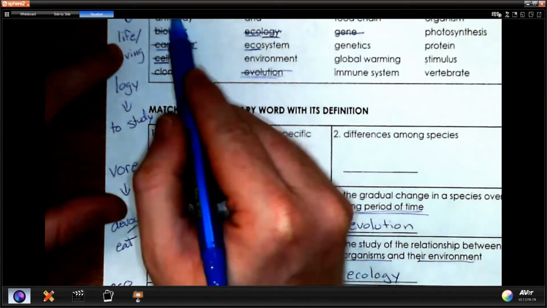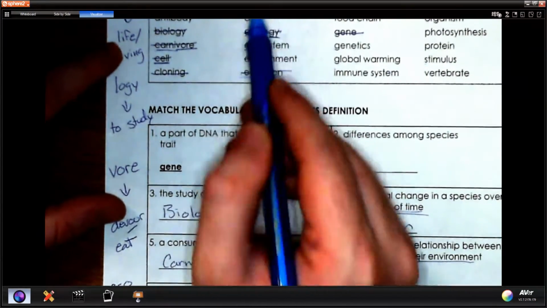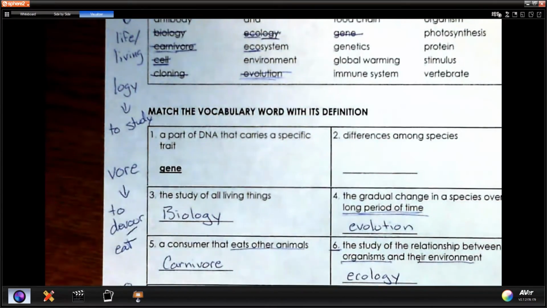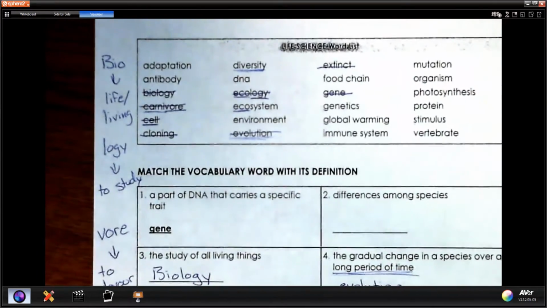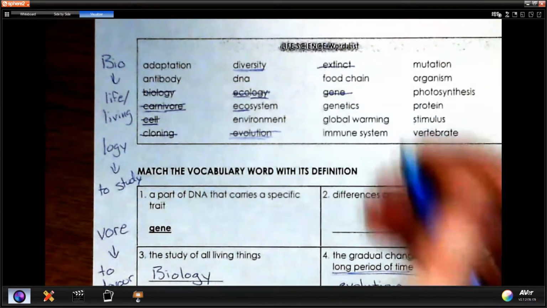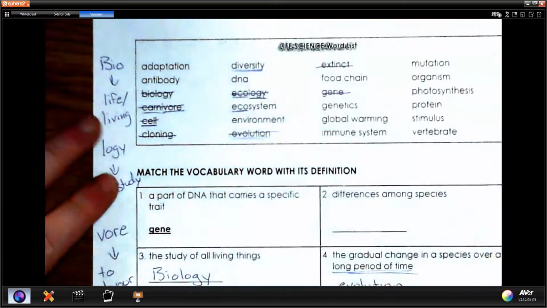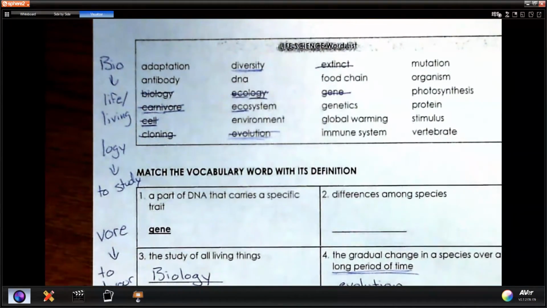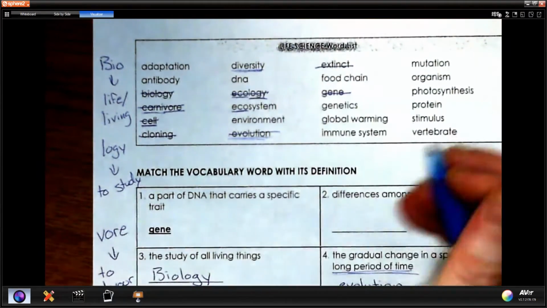Let's see here. So how about diversity? That seems to be coming up. So diversity, or if something is diverse, have a lot. If people say there's a lot of diverse people here, what does that mean? There are a lot of different people, right? Not everyone's the same. Diverse means widespread differences and changes.